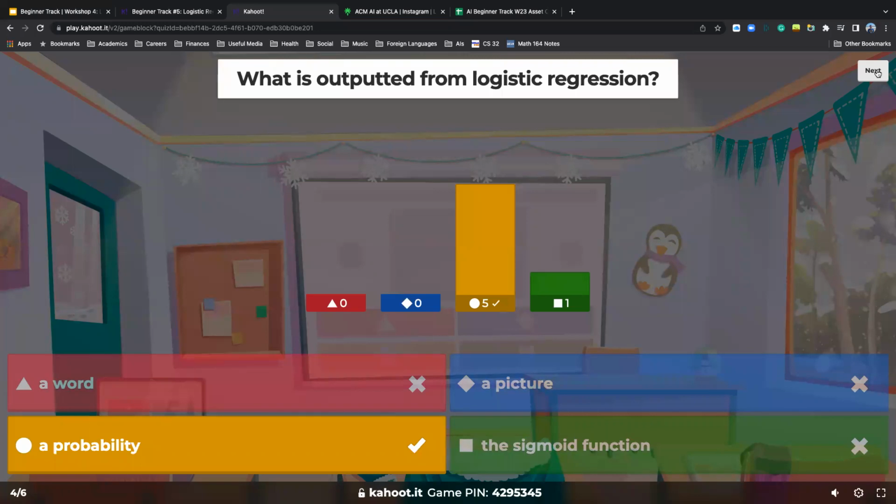As you said, we're outputting a value. We're not outputting the sigmoid function, we're outputting the output of the sigmoid function. We're applying the sigmoid function and then getting that and passing it out. Good job. As we reviewed, logistic regression outputs a probability between 0 and 1. A probability is always between 0 and 1.